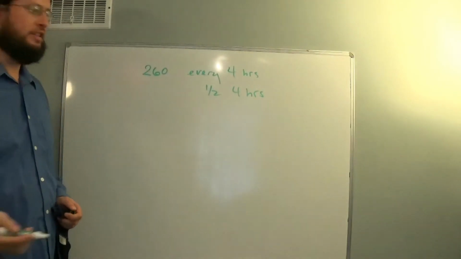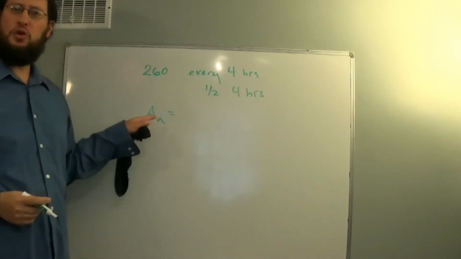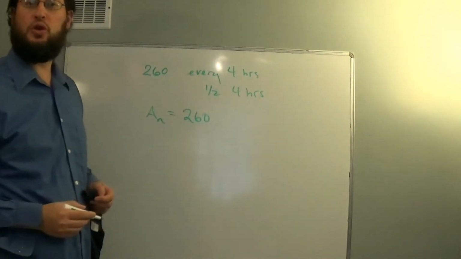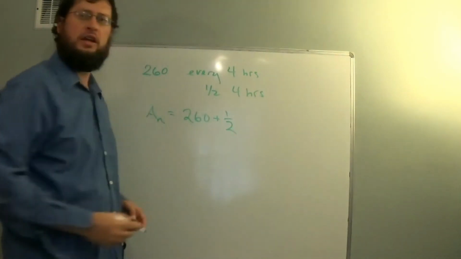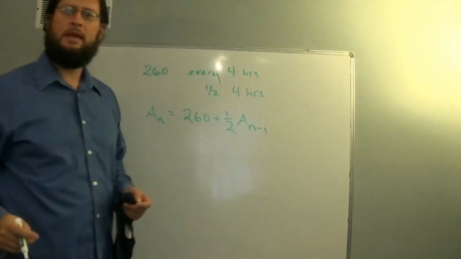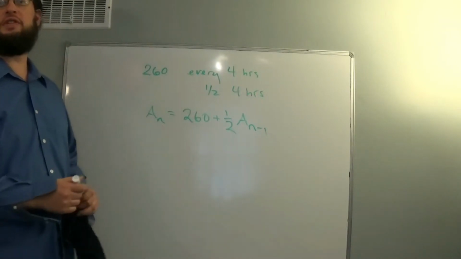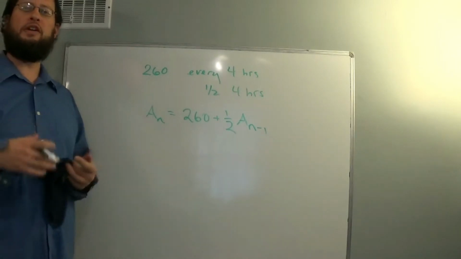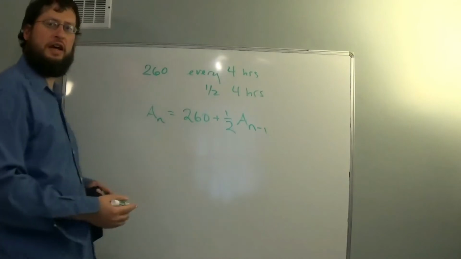So we can think about this as saying the amount in the body after dose N is given by 260, that's the new dose that we're given, plus 1/2 of however much we had in the body before, A sub N minus 1. And so we'll think about this as a recursively defined sequence. And remember that we came up with a very quick way of figuring out what the limit is of a sequence when it's defined like this.